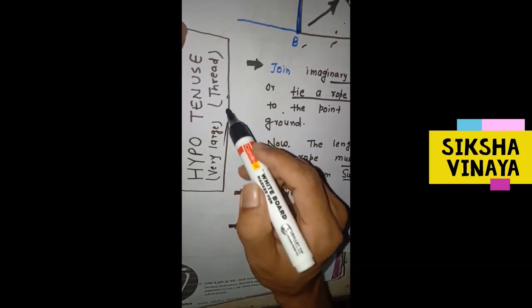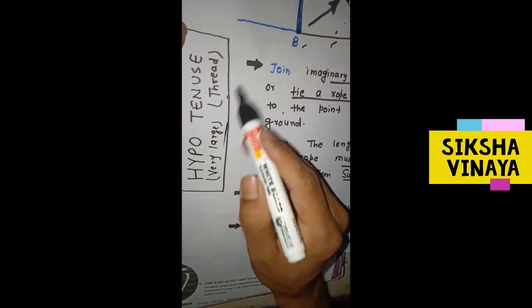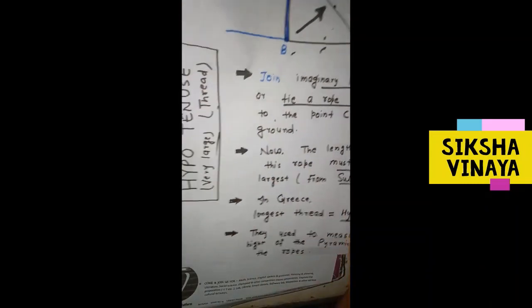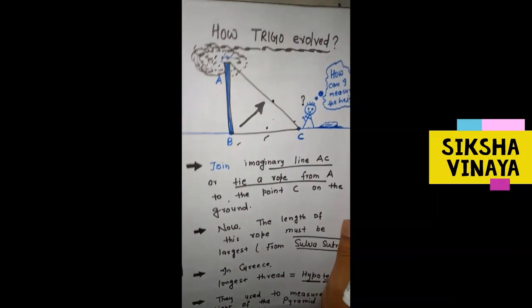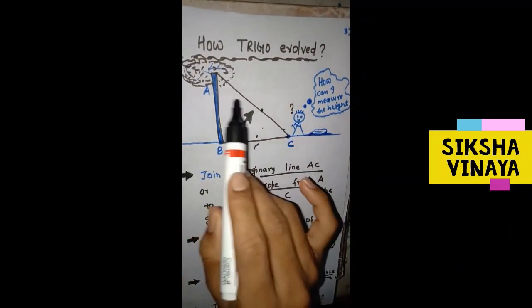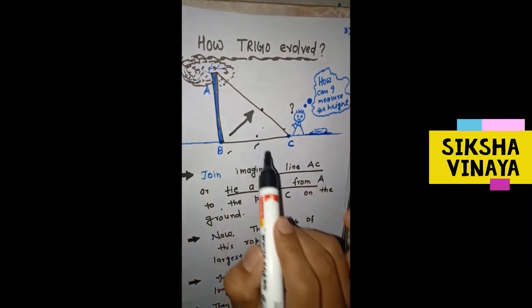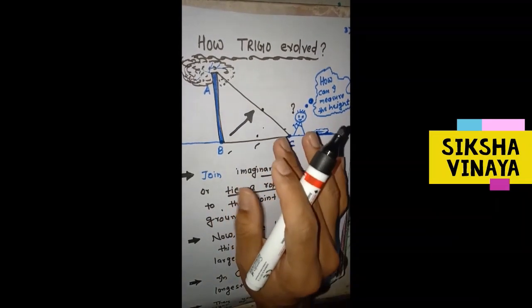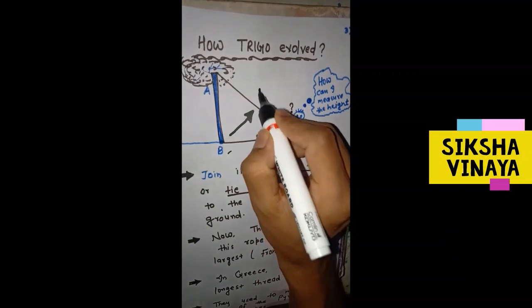Tenus means thread. So the longest thread is called hypotenuse. Now in modern times we take this term in mathematics, and we say that the longest side of a right angle triangle is called the hypotenuse, denoted by small h. Have you got my point? It means this is small h.